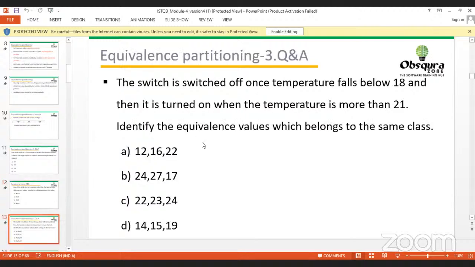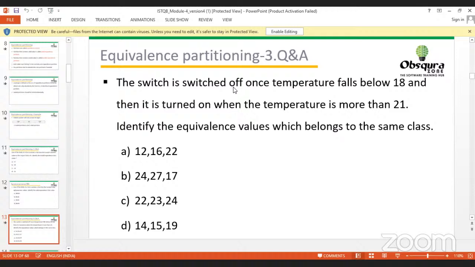Yes. Next question. The switch is switched off once the temperature falls below 18. Okay. When the temperature is below 18, switch is off. And then it is turned on when the temperature is more than 21. So more than 21, switch is on. Okay. So the valid cases will be below 18 and above 21.